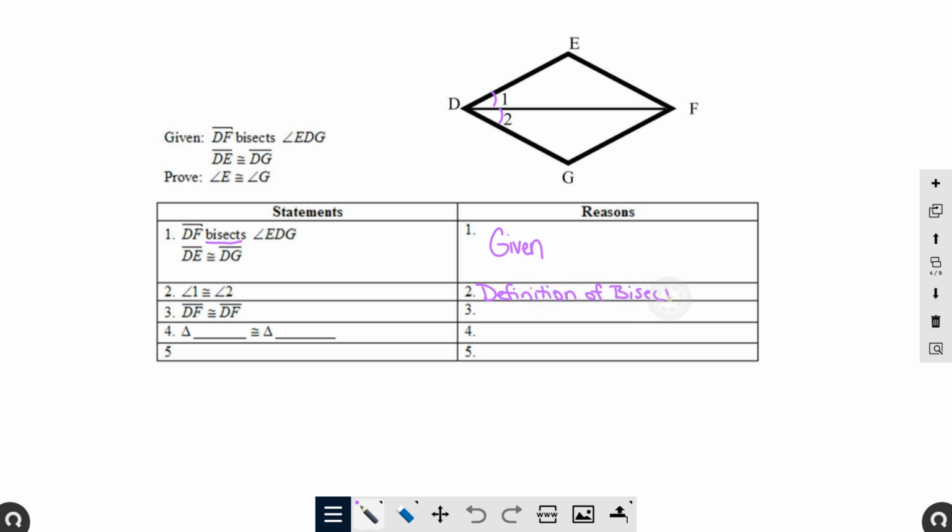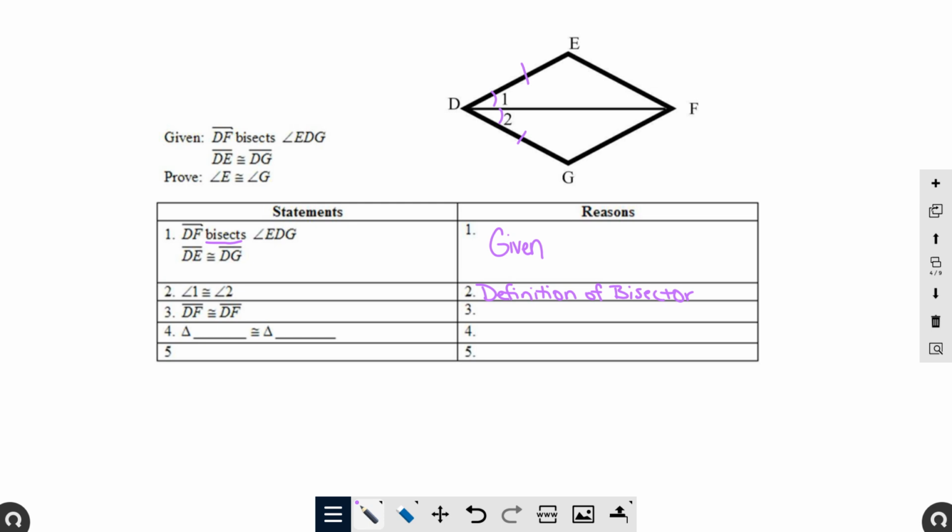So remember, whatever's given, it might flow with something else in your proof. We were given that this ray bisects that angle. It's going to split it into 2 equal angles, so the equal angles would be angle 1 and 2. Now, also, don't forget to mark the other given part. DE is congruent to DG.